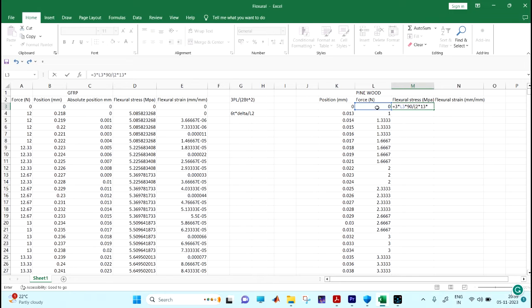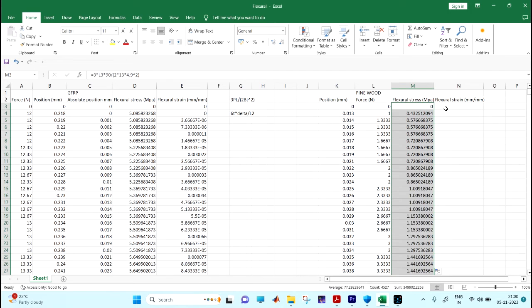Here the thickness was 4.9 square. We got the flexural stress at this position, and we can get the flexural stress at each position. Now you can see that it is starting from 0. In this case it is not starting from 0, but you can see that in the curve also.